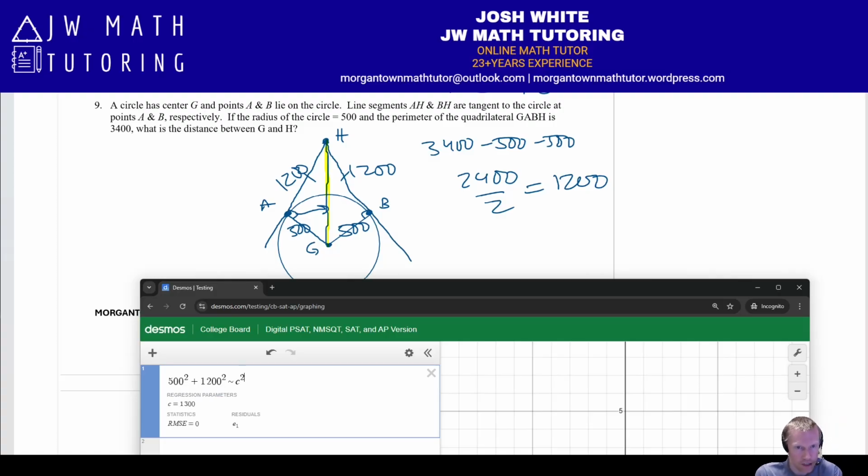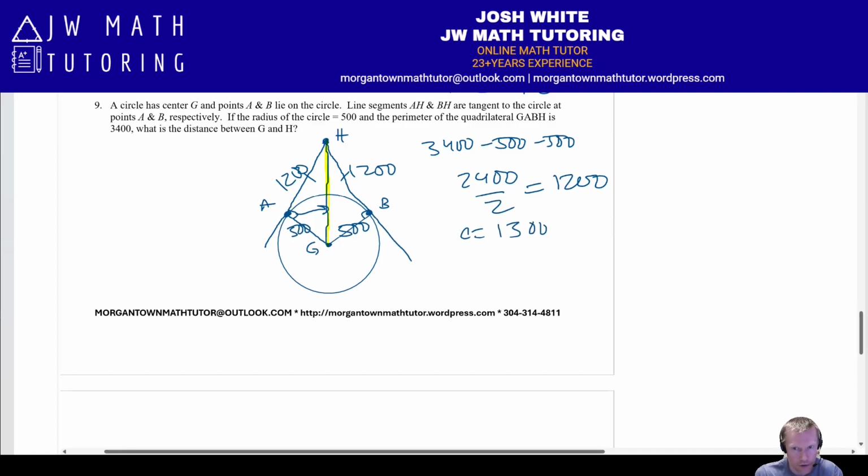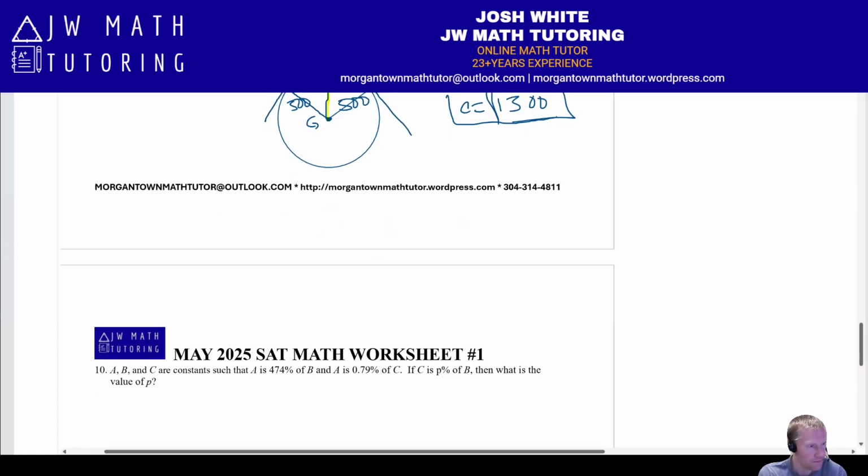Okay, so the value of c, i.e. the distance between G and H, is 1300. So that's our correct answer. Of course, we just fill in 1300. And that's it. This is pretty much the only way I know to do this problem. I don't think there's any other real alternate methods that you can use to solve it.